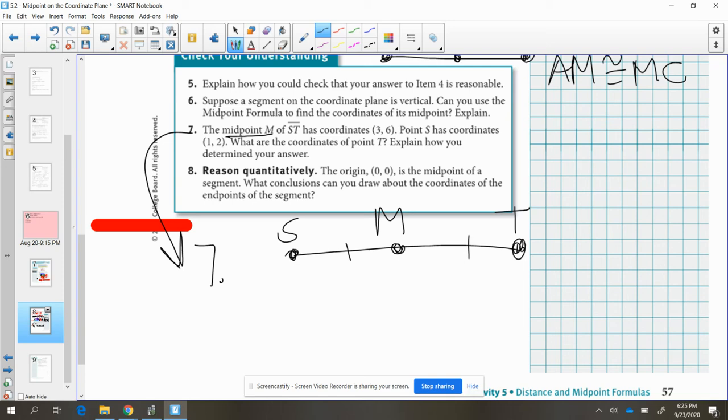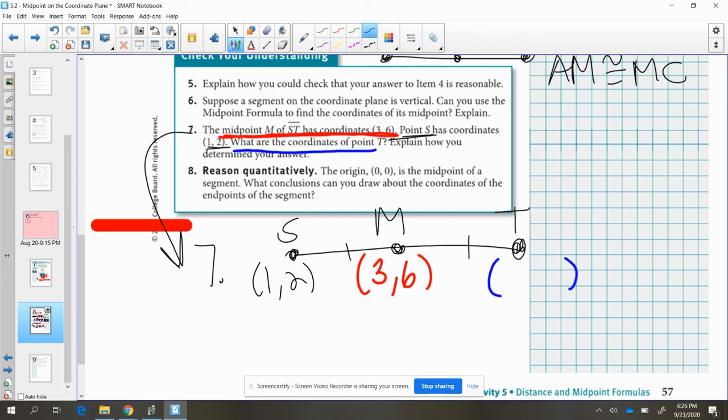They're telling us that point S has coordinates 1 comma 2, and that the midpoint has coordinates 3 comma 6. So what they want us to do is find the coordinates of point T. So we have the midpoint this time and we want to find the other end.